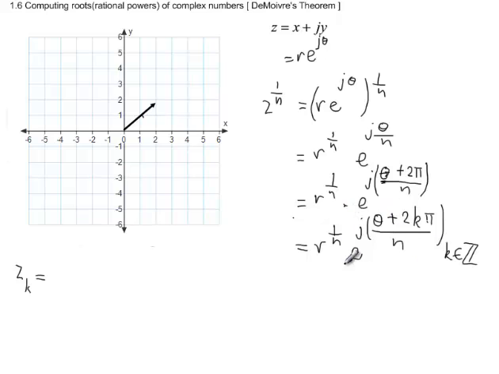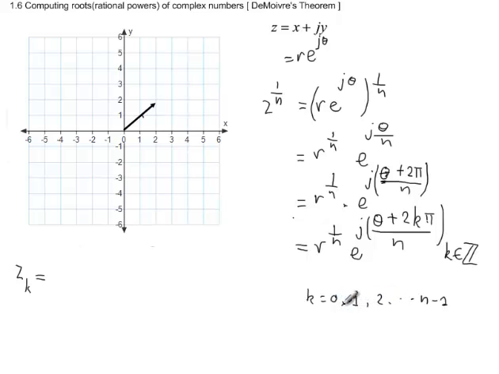First of all, let me specify that for calculating roots, this k will run from 0, 1, 2, up to n minus 1. Just check. If n was 3, it will run from 0, 1 to 3 minus 1, which is 2.